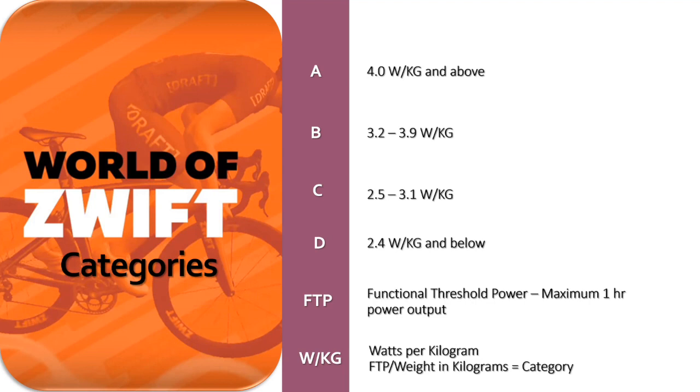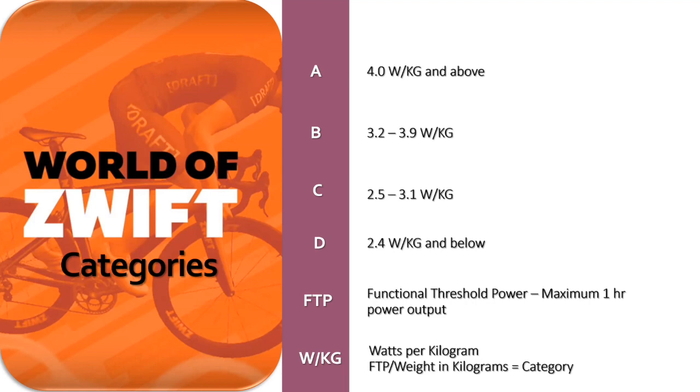So I like to use rough, easy numbers for math. Let's just say your FTP is 210. 210 watts is what you can hold for 1 full hour. That is your FTP, your functional threshold power. And let's just say your weight is 70 kilograms.